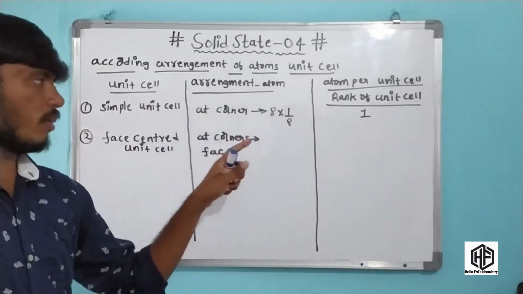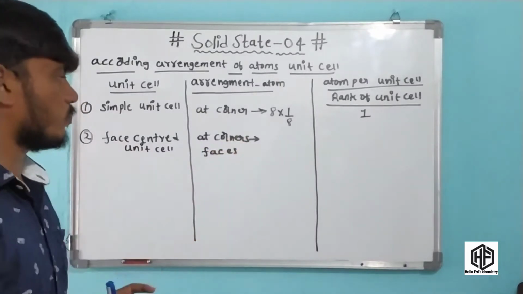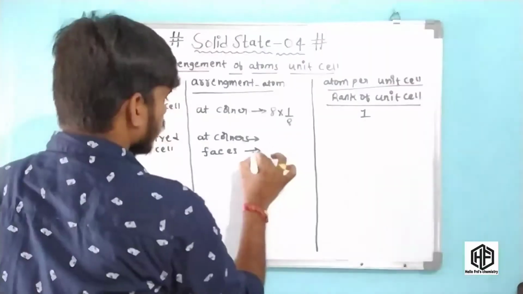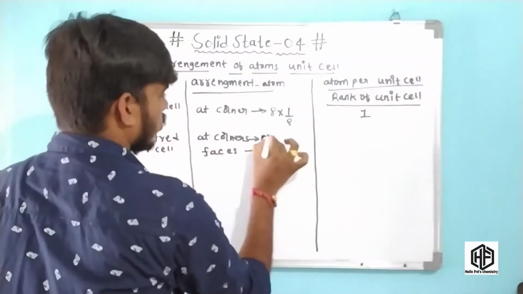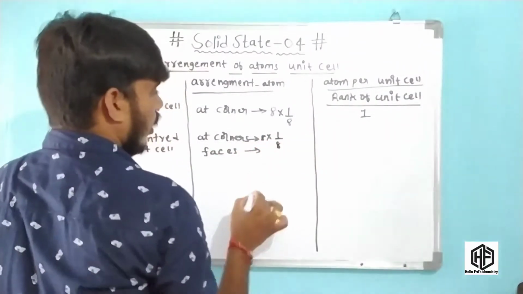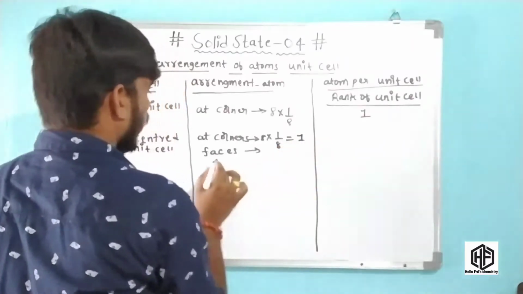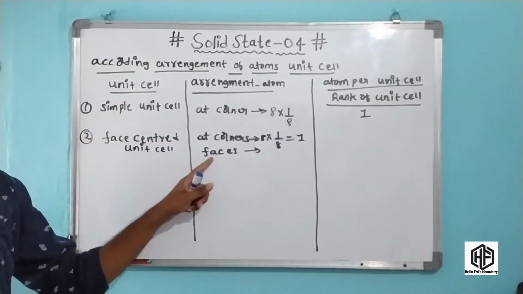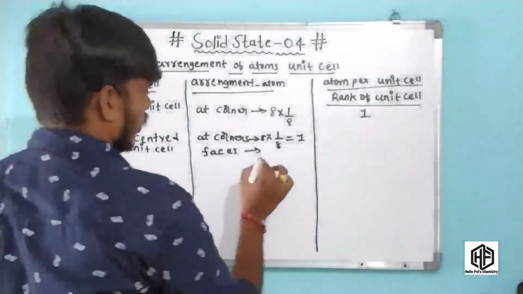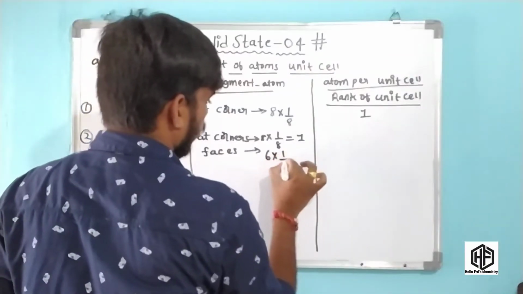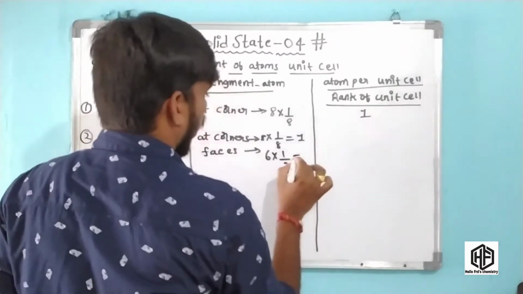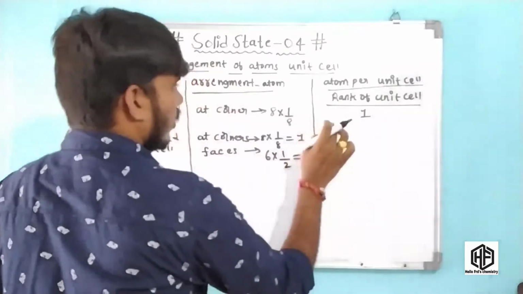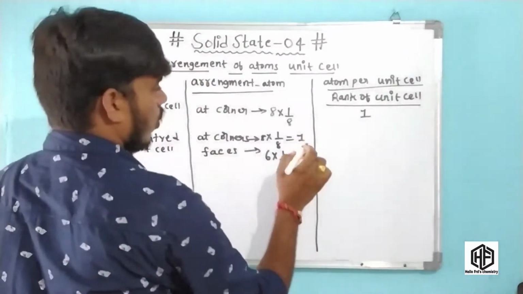Already you know that I discussed this point in my previous video. At corners there are 8 corners, contribution is 1/8 each, finally this is 1. At faces, in the face centered cubic unit cell there are 6 faces, and each face's contribution is 1/2, finally this is 3. Rank of unit cell is 3 plus 1, which is 4.